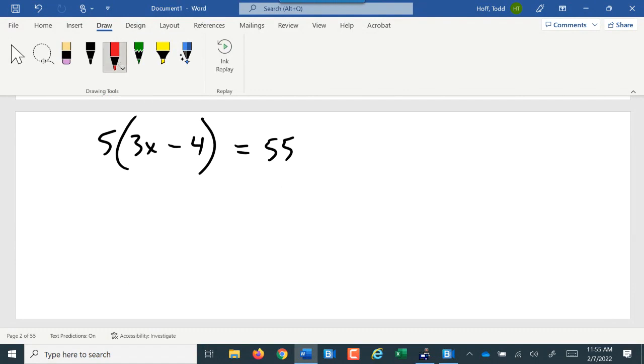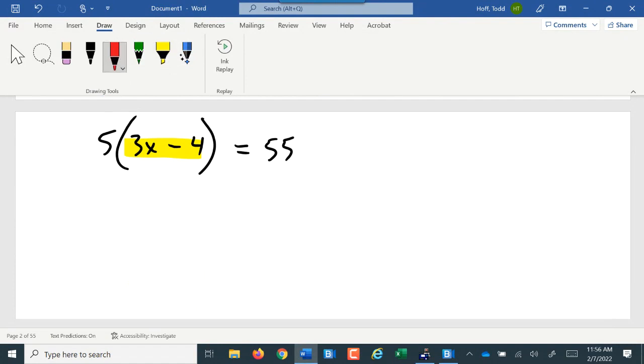Whenever we see parentheses, whether it's in an equation like this or an order of operations, it should always scream at us, do something here first. The first thing we should check is to see if there's anything we need to do inside the parentheses. Here, there's not. 3x minus 4, there's nothing we can combine with that.